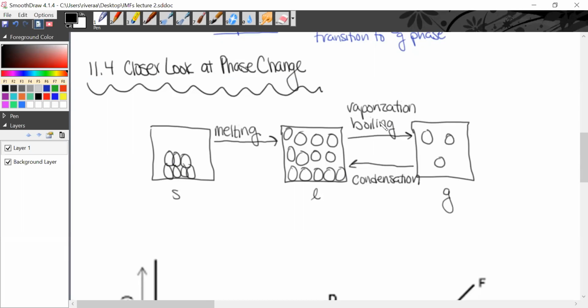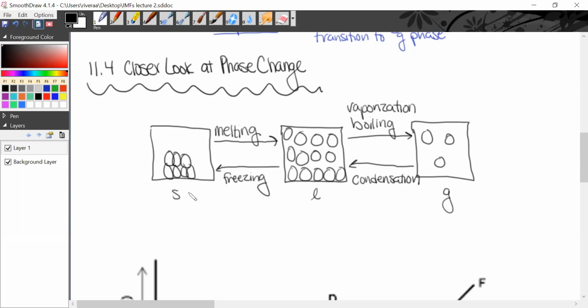So when we say that the boiling point of water is 100 degrees Celsius, that is also the temperature at which the gas is condensing back down into the liquid. Same thing goes here, liquid to solid, this is freezing. So yes, water freezes at 0 degrees Celsius, but it also melts at 0 degrees Celsius. It's the same temperature, it's just direction.